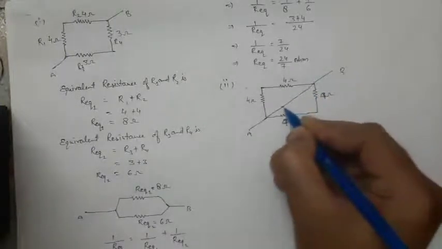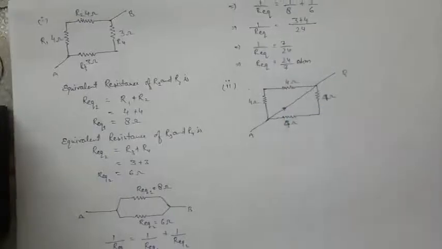This means we are shorting points A and B. Here the potentials of point A and point B are similar, because there is a short and no resistance present.